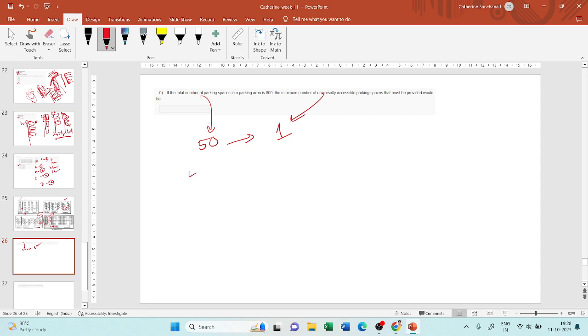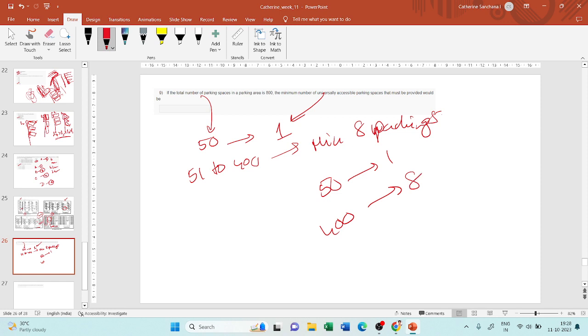If the number is from 51 to 400, then you will provide a minimum of 8 parking spaces. It goes by, for 50 it is 1, so for 400 it is 8, so it is increasing proportionally.